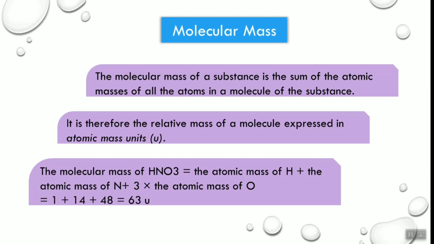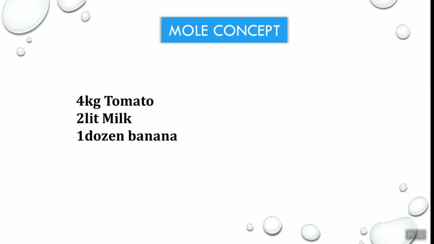There are 3 atoms of oxygen, that's why we will multiply 16 by 3. So 1 plus 14 plus 48 is equal to 63 atomic mass units. So this is the molecular mass. Next, the mole concept.